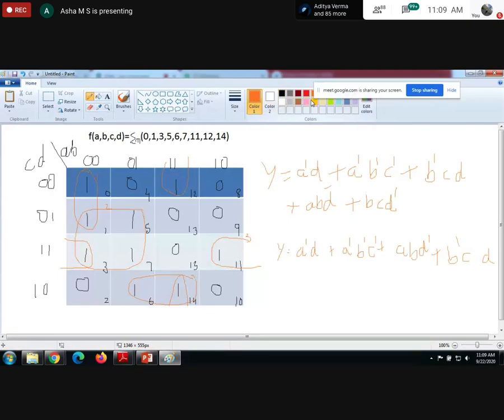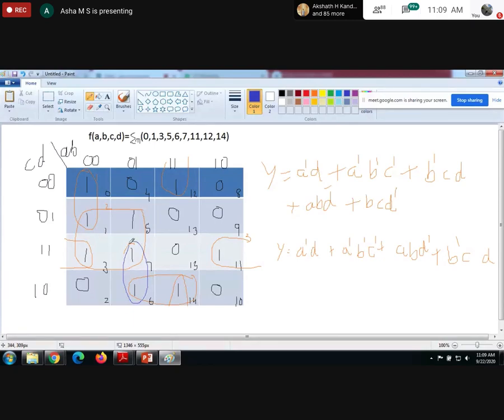Guys, I'll change the color for what I'm writing. So if you grouped with 6, 7 instead of 6, 14, this is the answer. B C D. Then you will get A bar B C. Only this term will be changed.